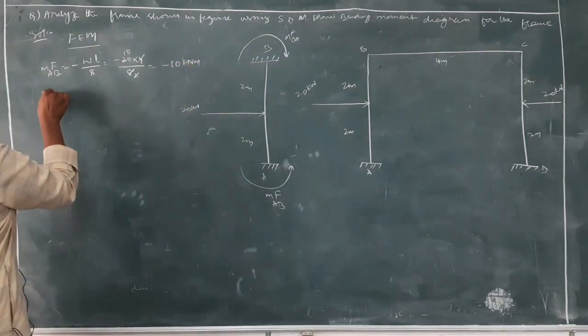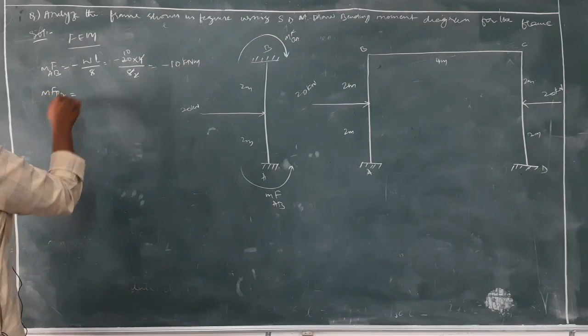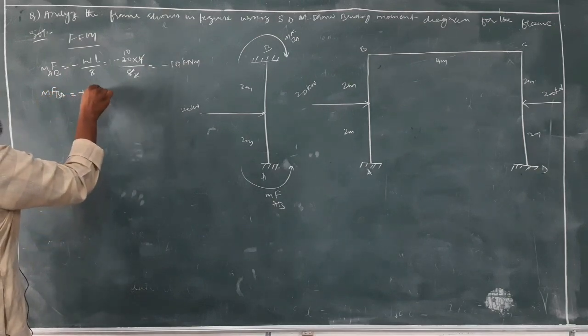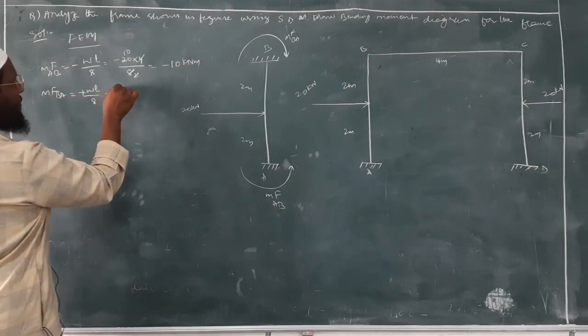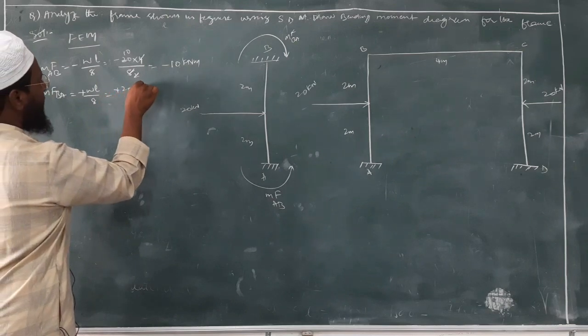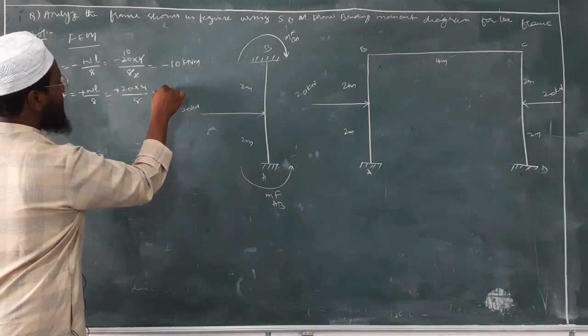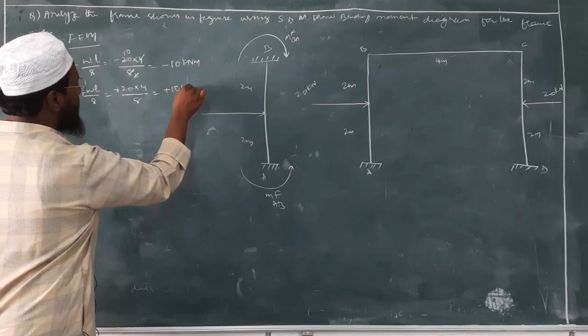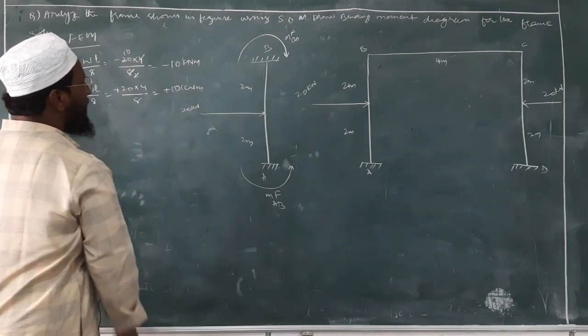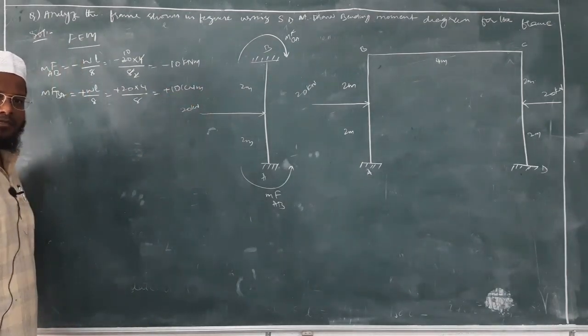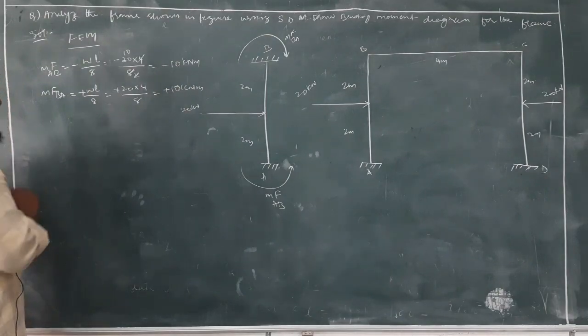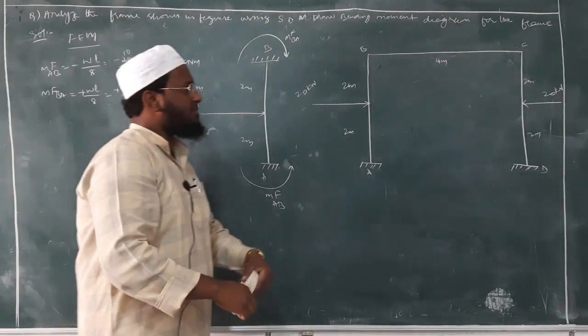Next, what about MFBA? Same, but plus WL by 8. So plus 20 into 4 by 8, which is equal to again plus 10 kilonewton meter. Fine.